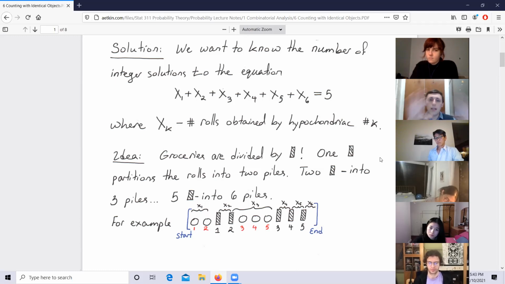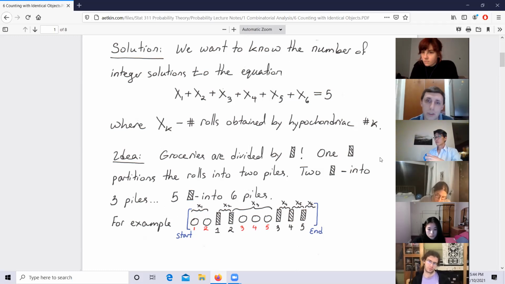Do you understand? So we are going to assign 2 types of objects in a sequence. We have 5 toilet paper rolls, which are like zeros, and we have 5 dividing bars, which are sticks. And you cannot distinguish one stick from another.